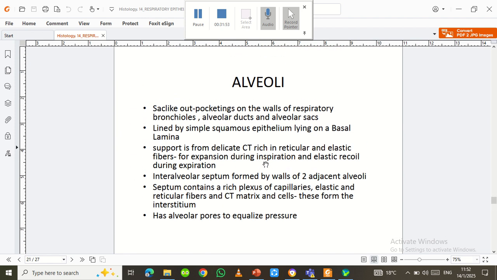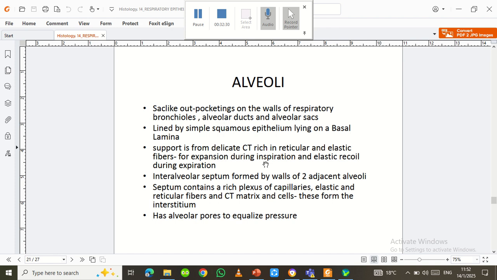Now, let's get into the alveoli. Alveoli are sac-like outpocketings of the wall of the respiratory bronchi, alveolar duct, and alveolar sacs. They are lined by simple squamous epithelia lying on the basal lamina, and they are supported by rich reticular and elastic fibers for expansion during inspiration and elastic recoil during expiration.